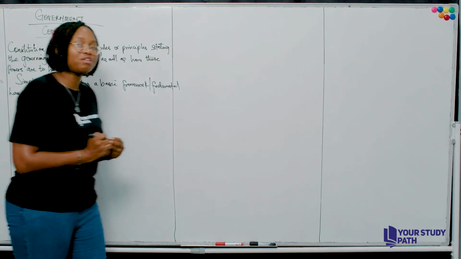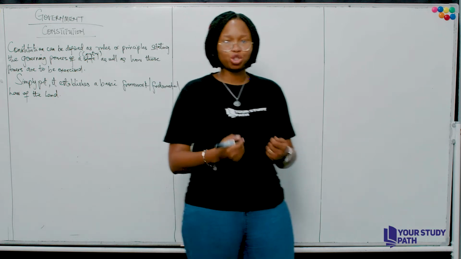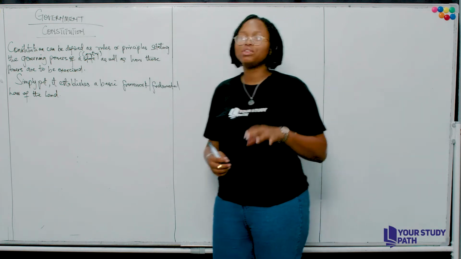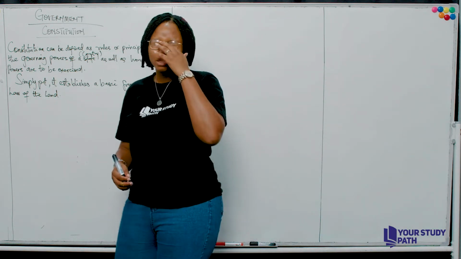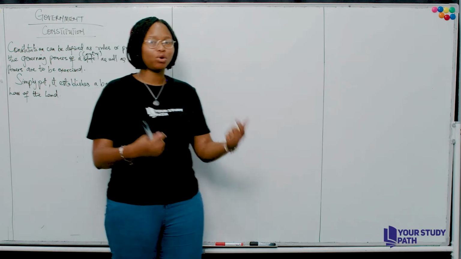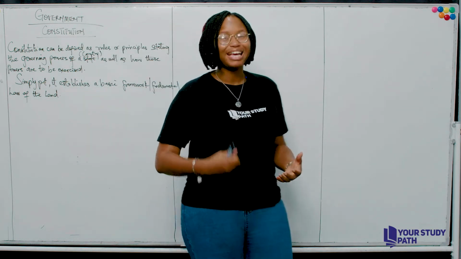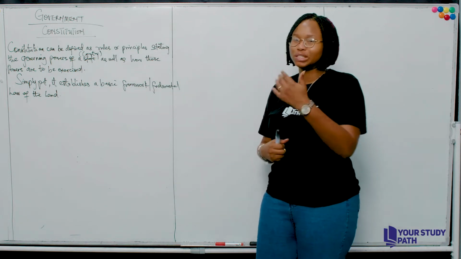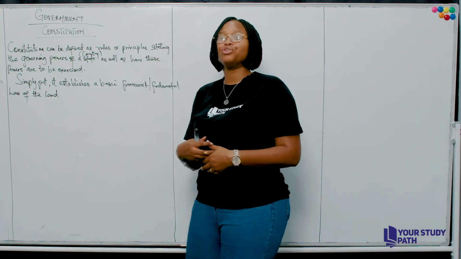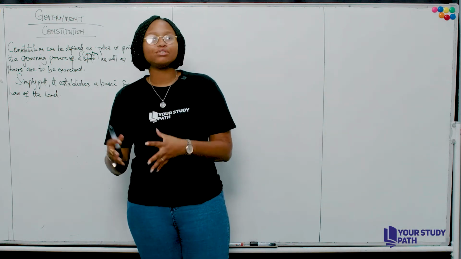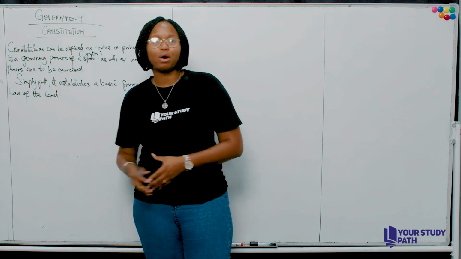The constitution is very vital in establishing structure. This is because within the confines of a constitution, the powers of the various arms and organs of government can be extracted. The extent of their powers are usually contained there. And then we have things that go against or outside of those powers.